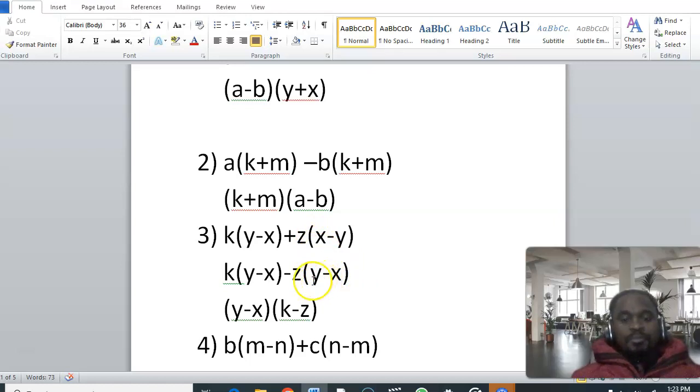So it's going to be y minus x. Now this time they are the same. So here, since they are common, y minus x, we are going to have y minus x, then k minus z.